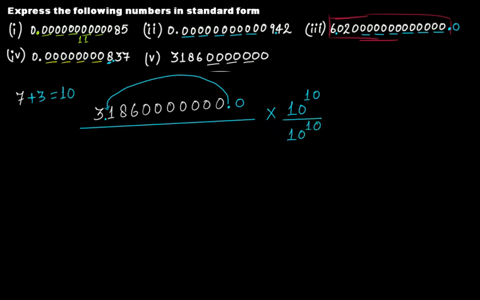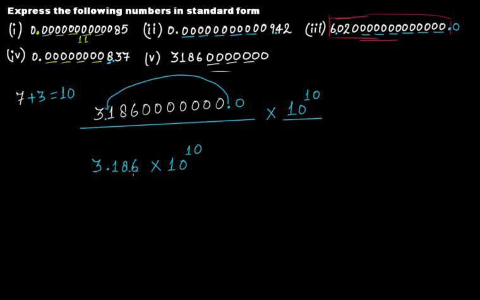While this will get consumed in moving this decimal point from here to here, your number becomes actually 3.186. No need to put these zeros, just leave it and then write this number, that is 10 raised to the power of 10.